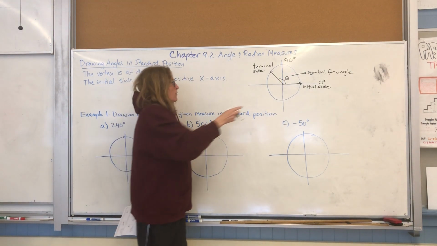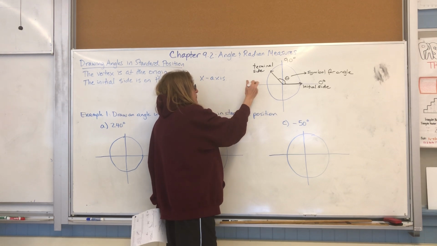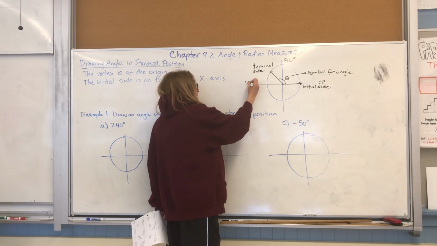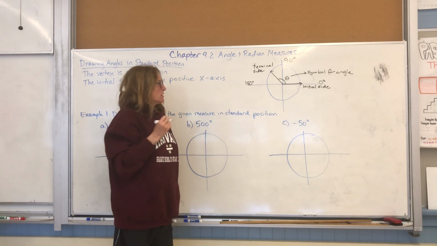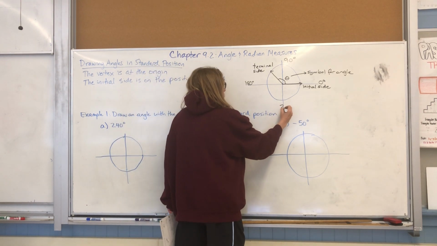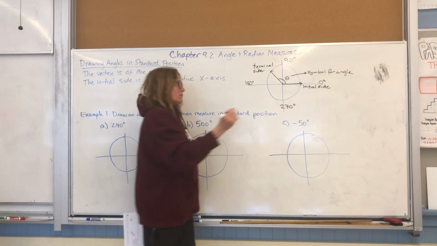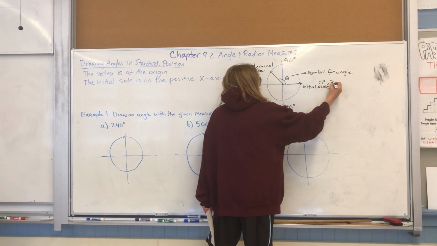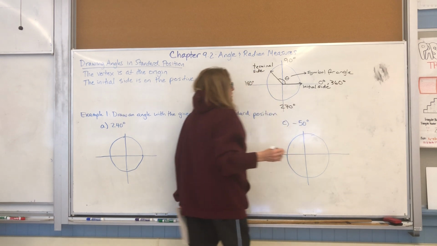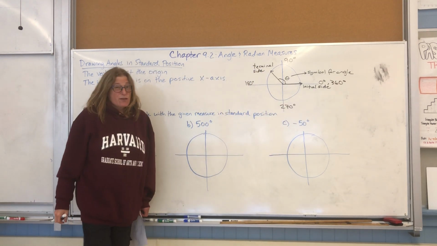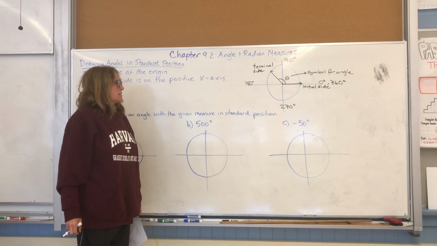When we've gone down here, we've gone 180 degrees, half a circle. Down here, we've gone 270 degrees. And then back to the start, we've gone 360 degrees. So we can think of this initial beginning point either as 0 degrees or 360 degrees.